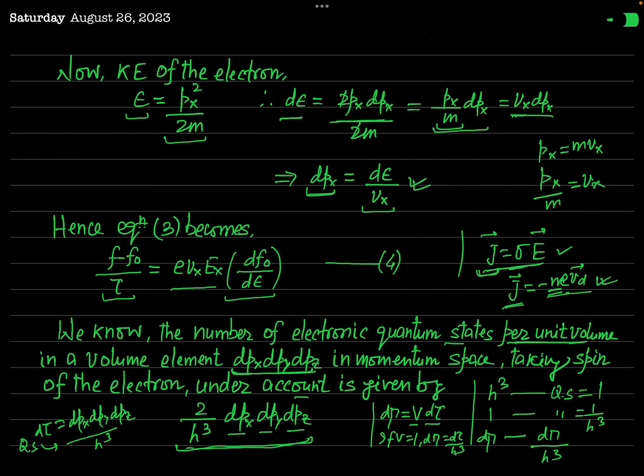Let us consider that there are 50 quantum states, but only 40 electrons are available, then 10 quantum states will be unoccupied. In this condition, the number of electrons and the number of quantum states will differ. But if there is a sufficient number of electrons, then every quantum state will contain one electron, and in that condition, the number of quantum states and the number of electrons present in them will be the same.